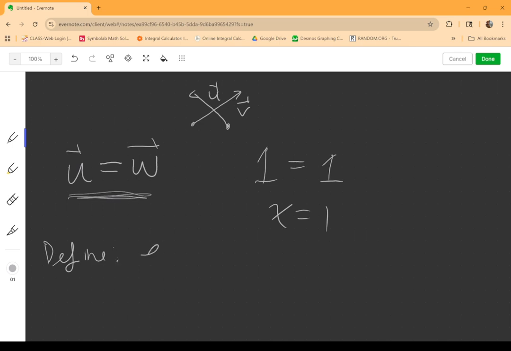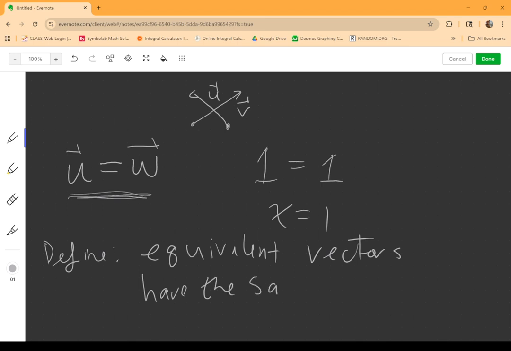So we want to define that equivalent vectors have the same magnitude and the same direction. Magnitude and direction.